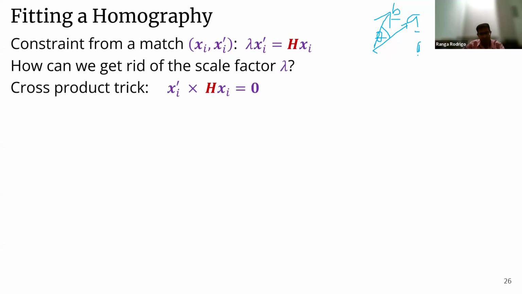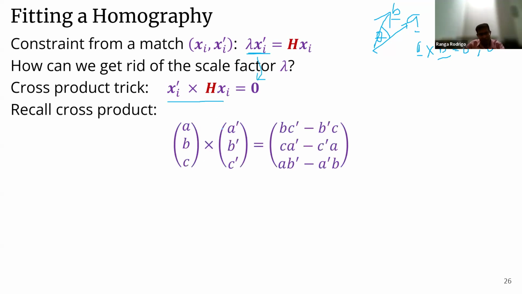A cross B is 0 if theta is 0. If they are parallel, the cross product is 0. So similarly, if you take the cross product of xi prime with xi prime, they are parallel vectors, so you get the 0 vector there.